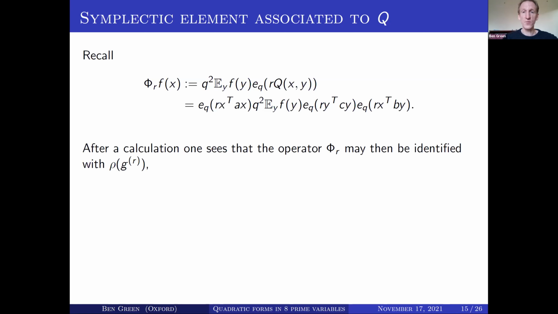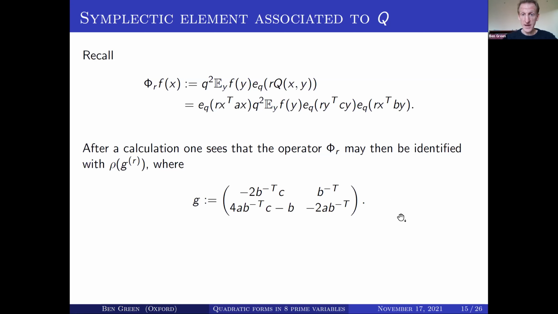And you can do a calculation that's not very difficult to figure out exactly what that element is. It basically just involves multiplying together a few 8 by 8 matrices. And what you come out with is this. So that operator phi r corresponds under the Weil representation to this element of the symplectic group, which is written down here. So these A, B, and C, they're all 4 by 4 matrices.